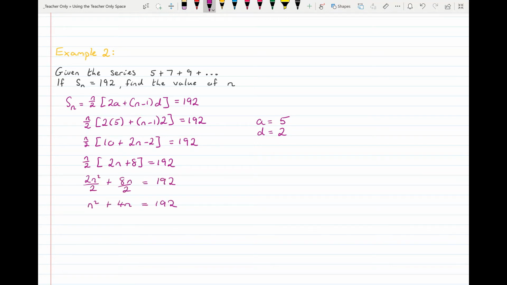And what we get here is a quadratic equation. So if I bring everything over to one side, I can rewrite it as n squared plus 4n minus 192 equals 0. And you remember from quadratic equations, it's the factors of the constant, so factors of 192, that will add to plus 4, the middle number.